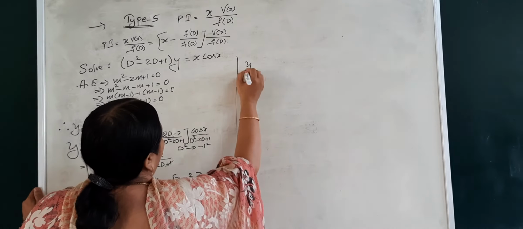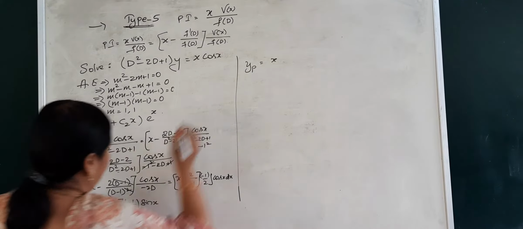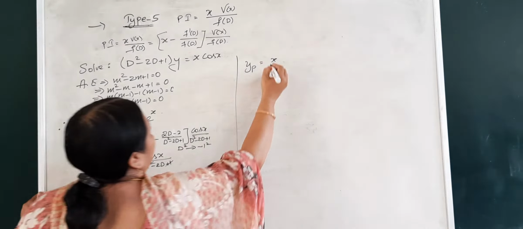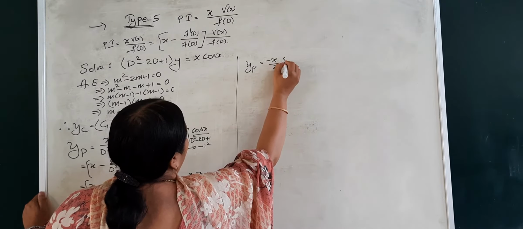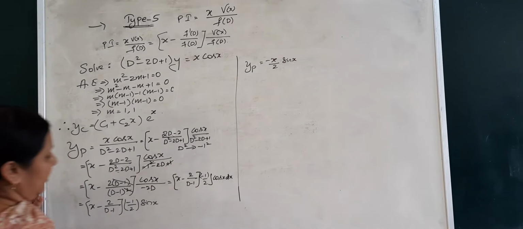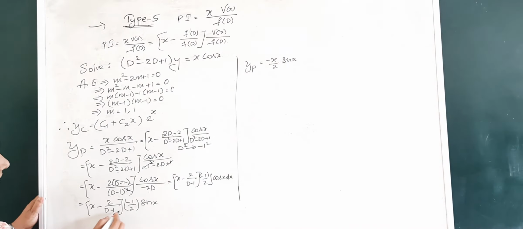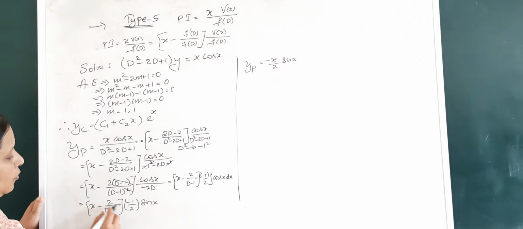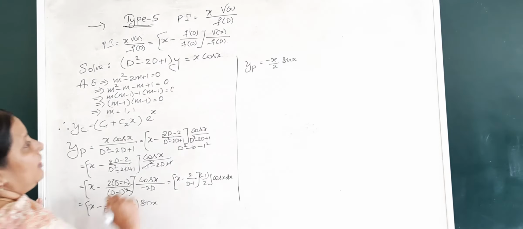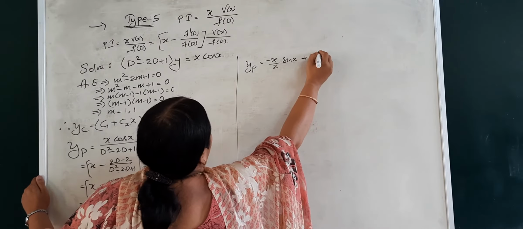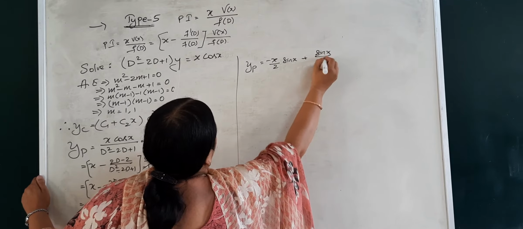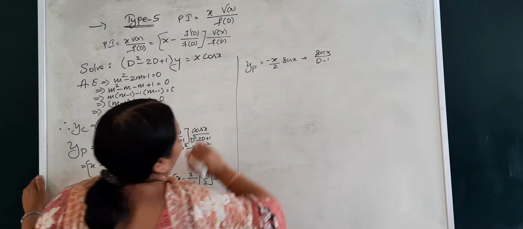So we get, therefore, yp is equal to x into the entire term, that is minus 1 by 2 times sin x. Next, minus 2 by D minus 1 into minus 1 by 2. Negative sign becomes positive, 2 gets cut. So we get sin x divided by D minus 1.